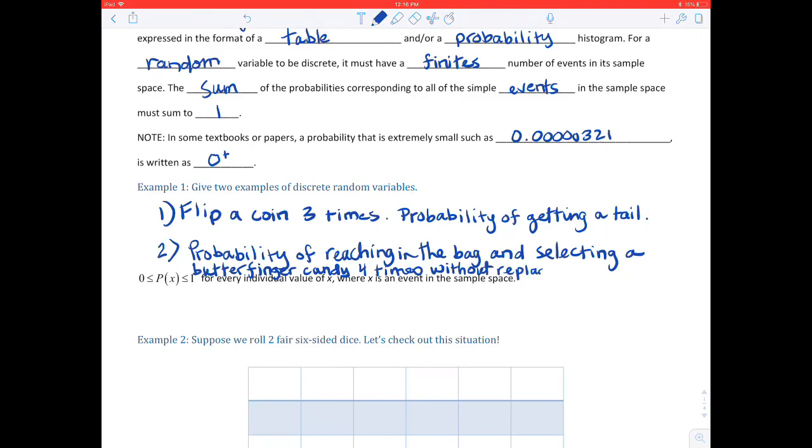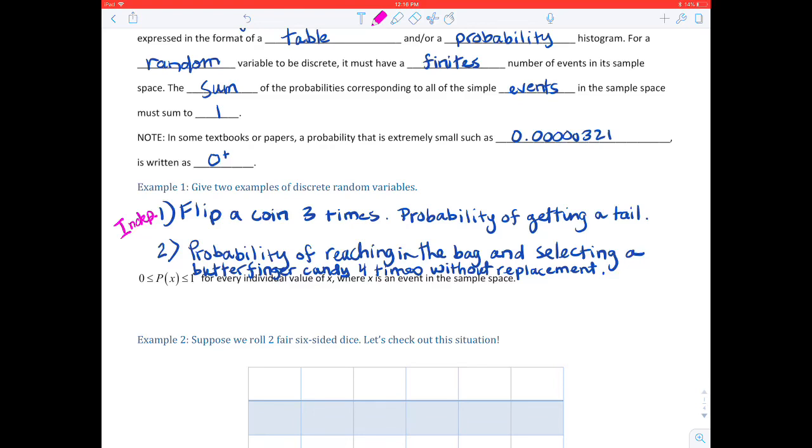So in the first case, what kind of trials would those be? Would they be dependent or independent? Good. They would be independent, right, for the first one, because one flip of the coin does not influence the next flip of the coin, if you've got a fair coin, nothing weird.